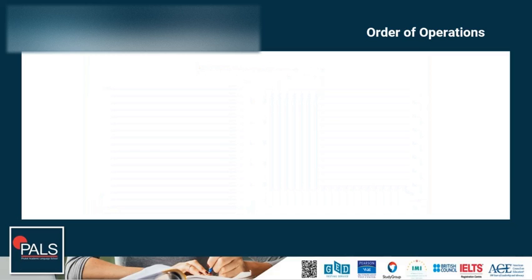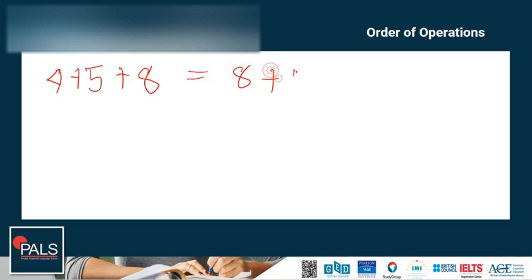Okay, let's try more examples of associative property. 4 plus 5 plus 8. Okay, I hope you can understand the handwriting. 4 plus 5 plus 8 is the same as 8 plus 5 plus 4. Okay, how?